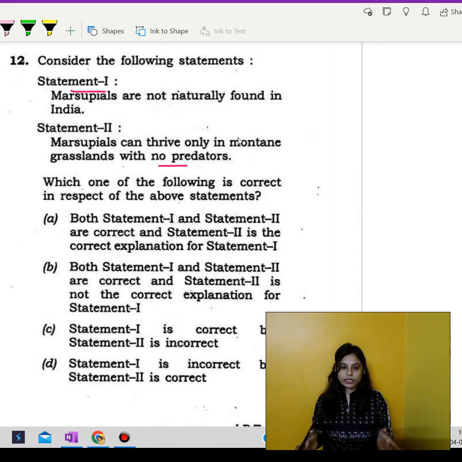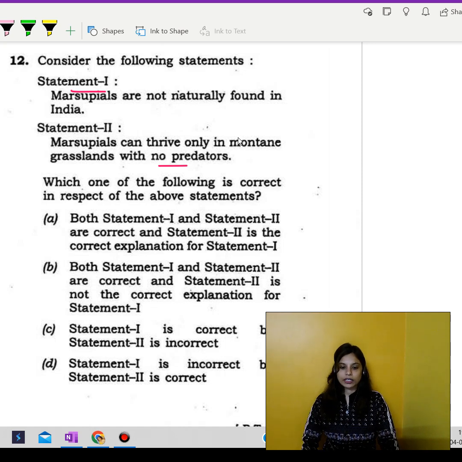Marsupials are also known as the metatheria, which are the pouched animals having a pouch. And they are mammals, pouched mammals. That is the mammals in which the females bear their young ones alive, but in an almost fetal state. And in most species, they carry them within an external pouch or pocket formed by a flap of dermal tissue on the abdomen.